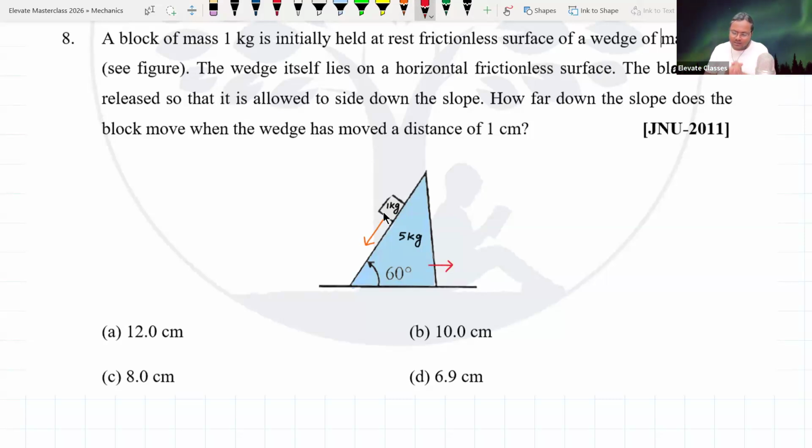So how far down the slope does the block move so that the wedge has moved a distance of 1 centimeter? थोड़ा सा टेढ़ा मेढ़ा question है. So be a little careful when you're calculating. Start.